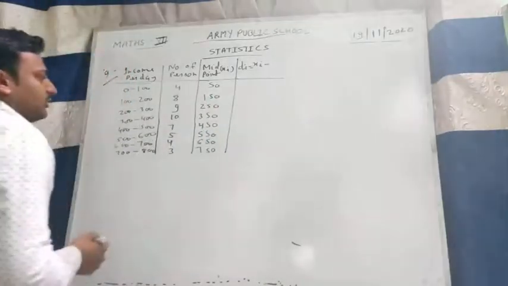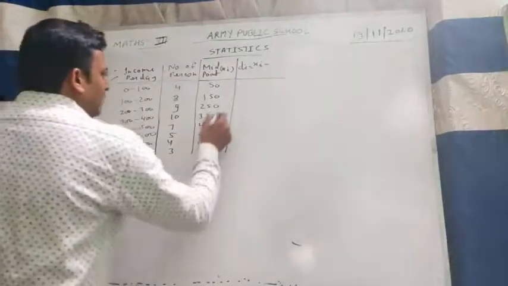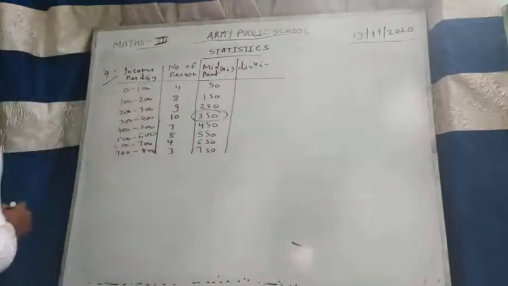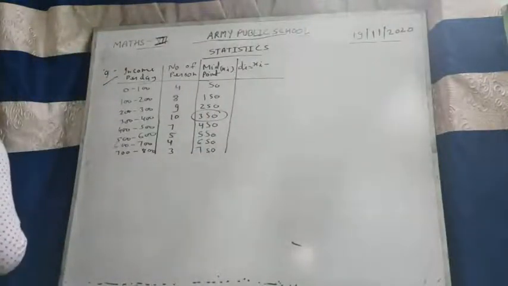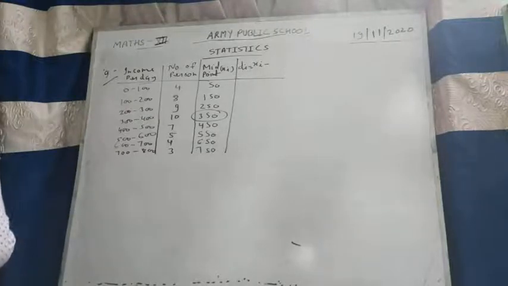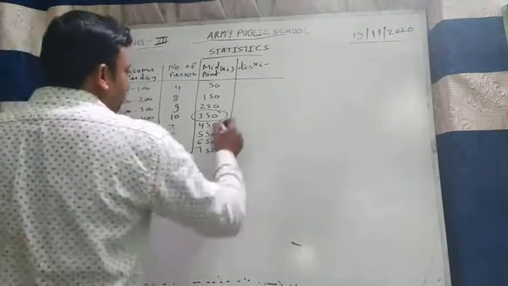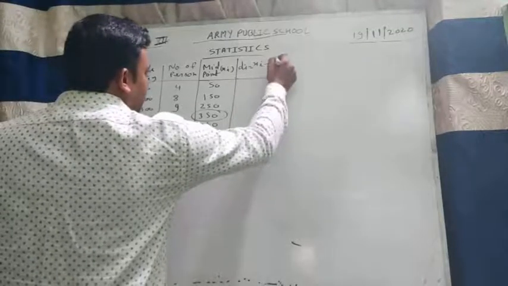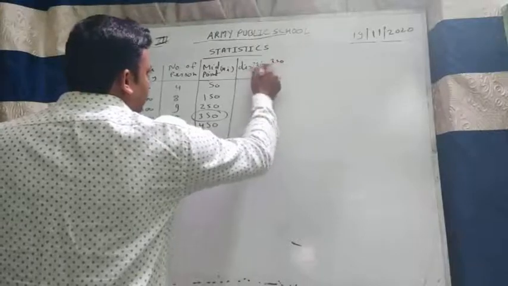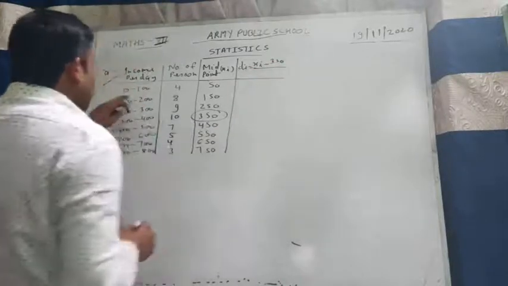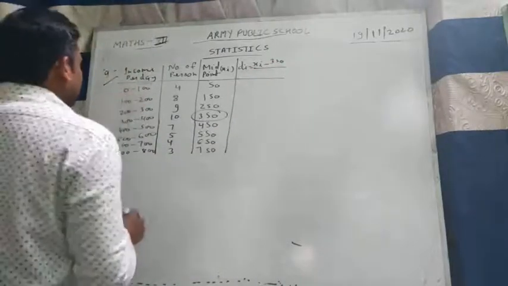There are 8 numbers, so we suppose that our assumed mean is 350, and we take xi minus 350 divided by h.